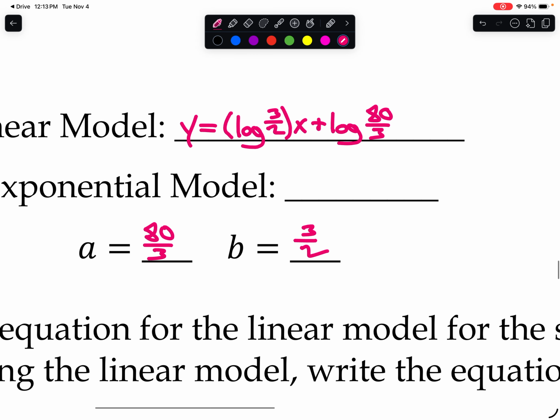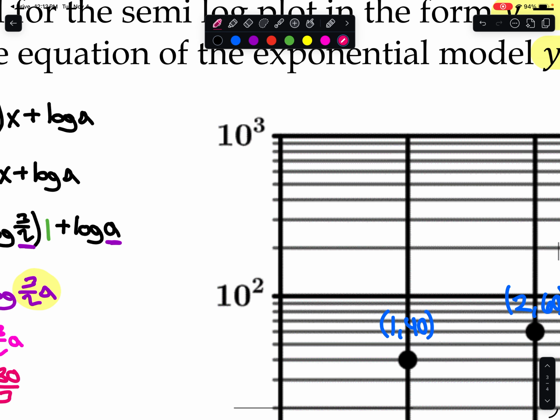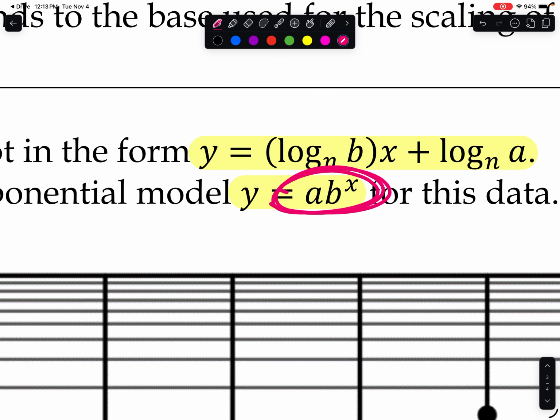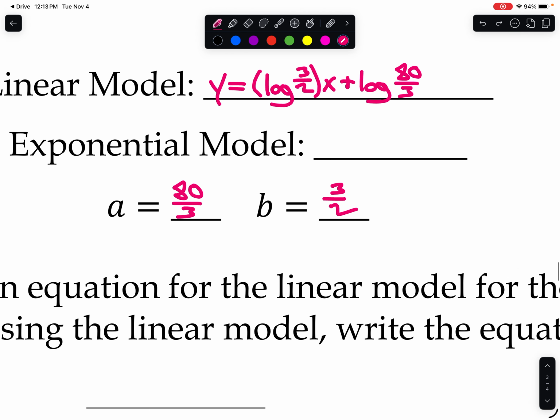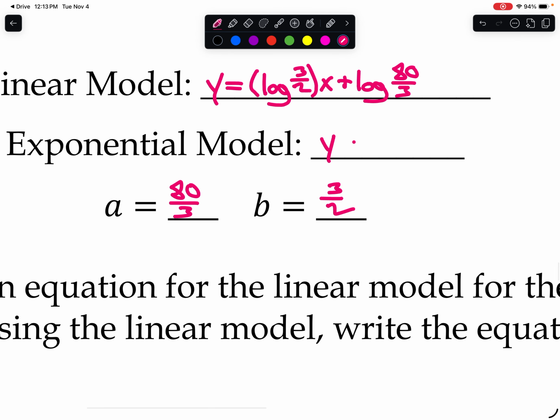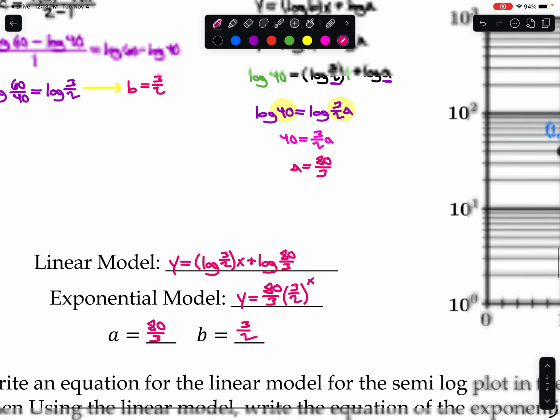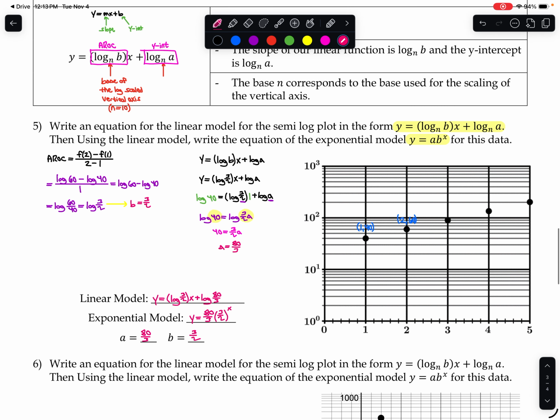And then your exponential model, we're just going to write it using a times b raised to the x, and it's using the same a and b values as before. So this is going to be y equals 80/3 times, let's do parentheses, 3/2 raised to the x. So that would be your first problem.